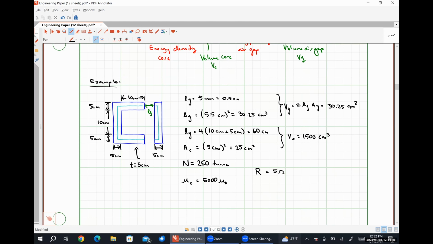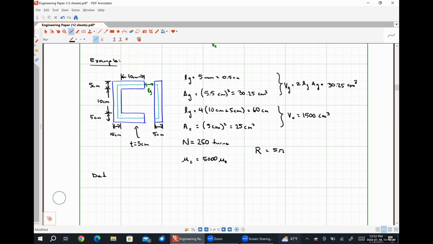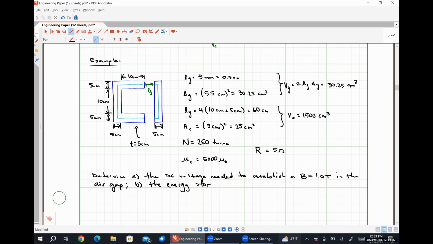So I want us to determine (A) the DC voltage needed to establish a magnetic flux density of B equal to 1 Tesla, and (B) the energy stored in the coupling field.